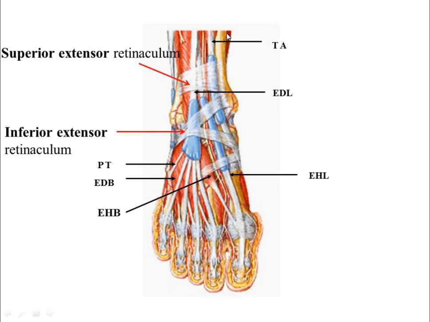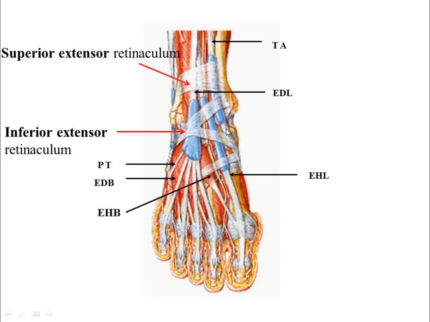The sequence by which they pass, that is medial to lateral, these tendons are tibialis anterior, extensor hallucis longus, extensor digitorum longus, and peroneus tertius. As far as the artery and nerve of this compartment are concerned, that is the anterior tibial artery and deep peroneal nerve, they lie between the tendon of tibialis anterior and extensor hallucis longus.